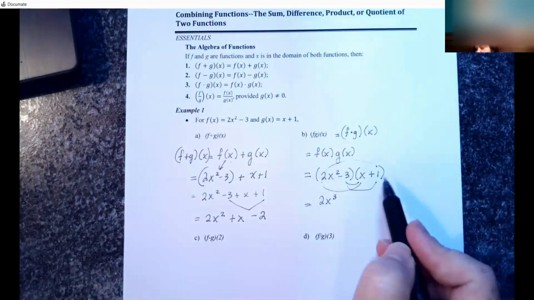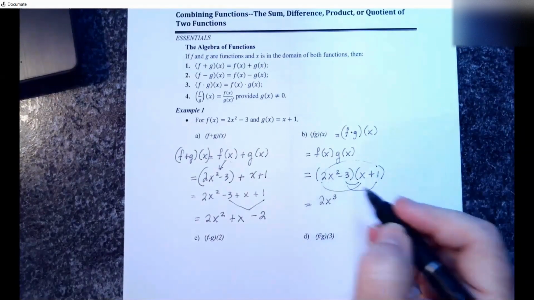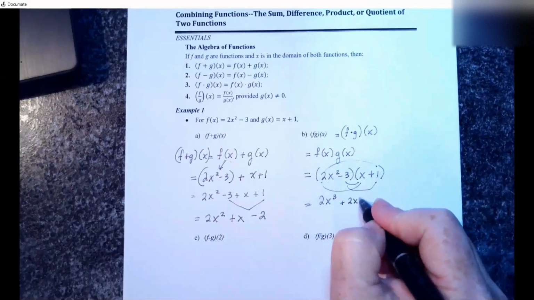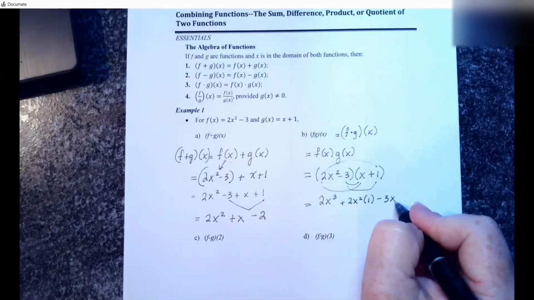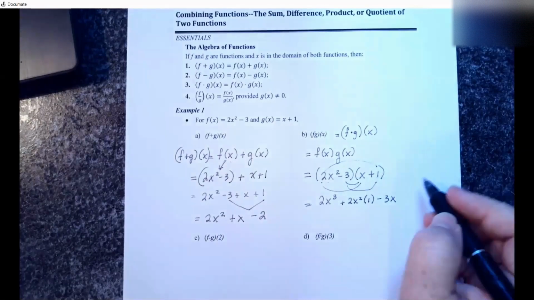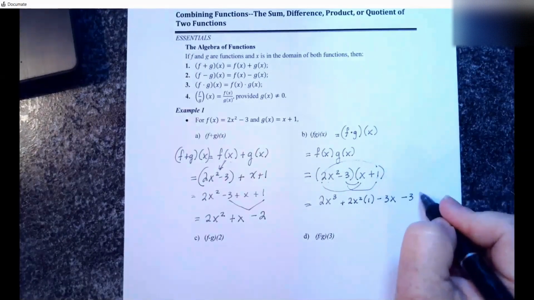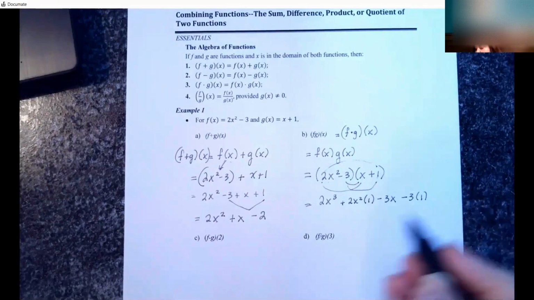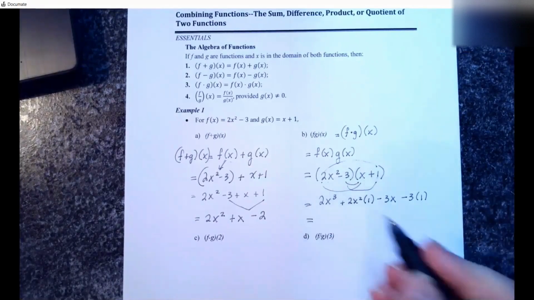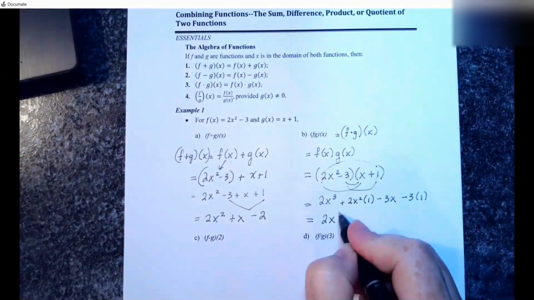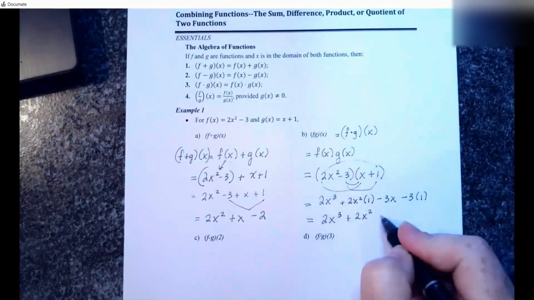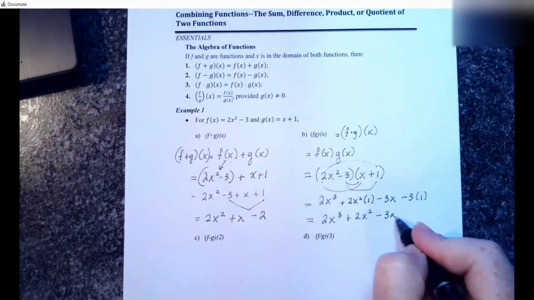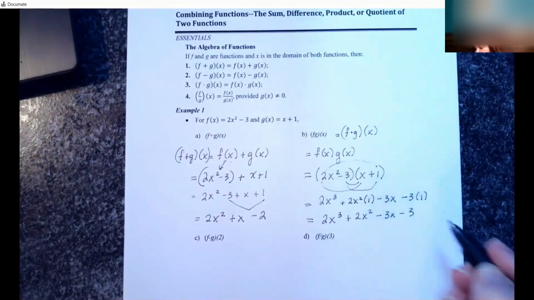Outer terms will be 2x squared times 1. Inner terms will be minus 3 times x. And then last terms will be minus 3 times 1. So we will end up with just 2x cubed plus 2x squared minus 3x minus 3.